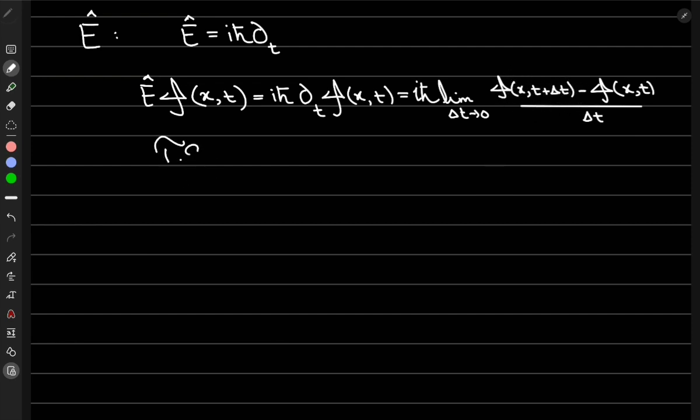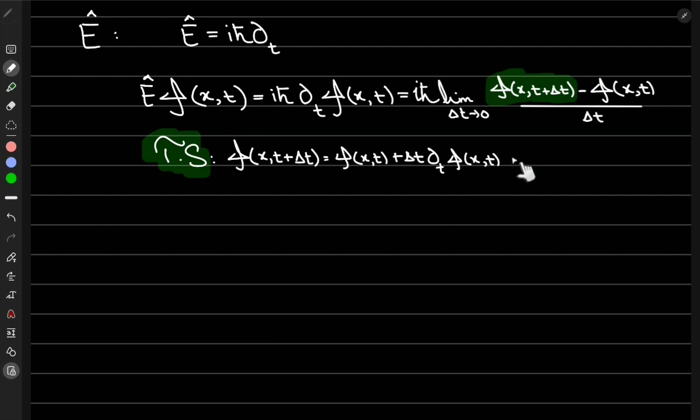So under Taylor series expansion, this thing, let's highlight it again, psi of x comma t plus delta t is equal to psi of x comma t plus delta t partial derivative with respect to time of psi of x comma t, and then we would have plus delta t whole squared divided by 2 factorial of the double partial derivative with respect to time of psi of x comma t, plus we would have the other terms as well.